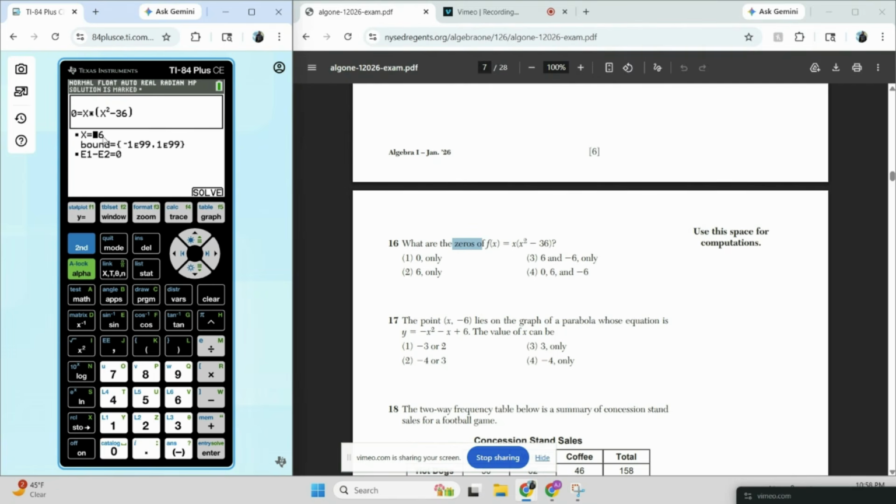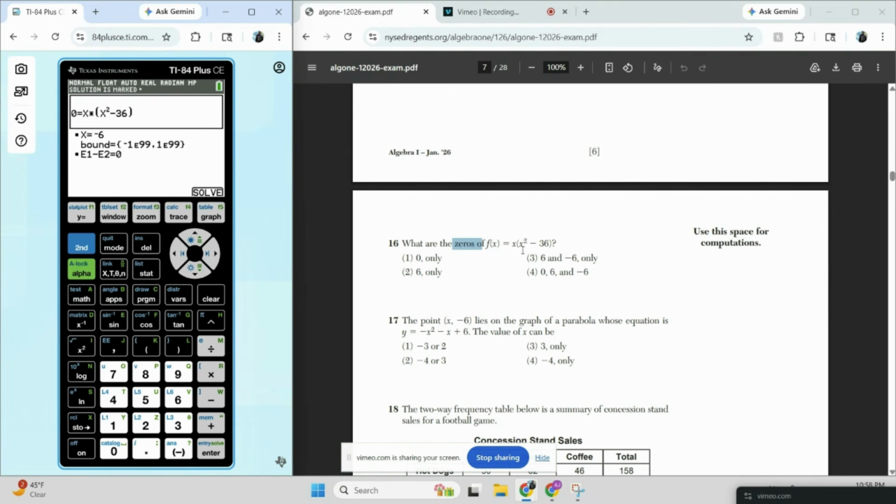So now I'm looking at my choices. I know it's not choice 1 because that doesn't have any 6's in it. I know it's not choice 2 because it doesn't have a negative 6. So I'm left with these two. Now, one thing that I'm hoping my students remember is if I've got x times an x squared, I'm going to get an x to the third.